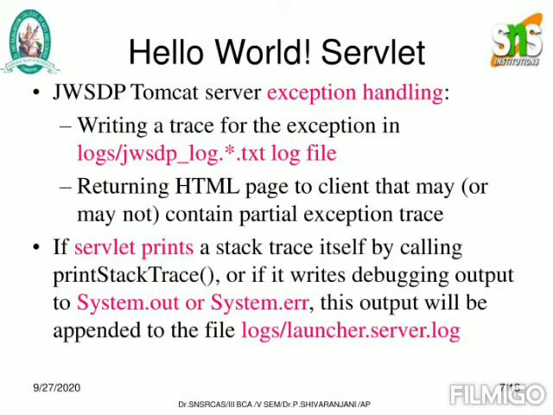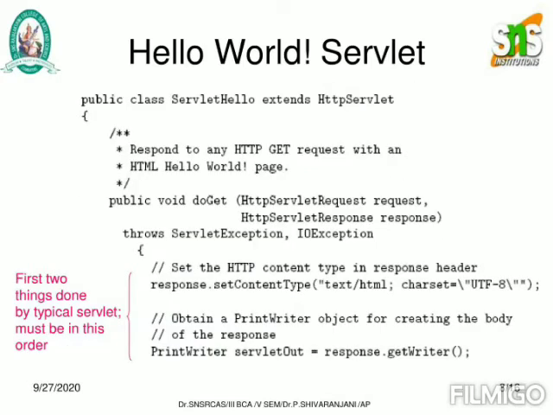If the servlet prints a stack trace itself by calling printStackTrace, or if it writes debugging output to System.out or System.err, the output can be used to display the error message. This output will be appended to the file called logs/launcher.server.log.